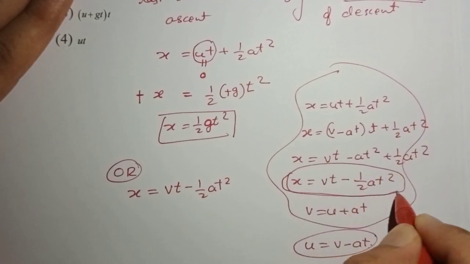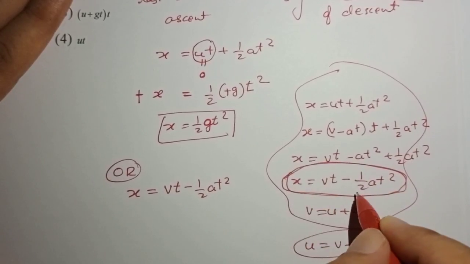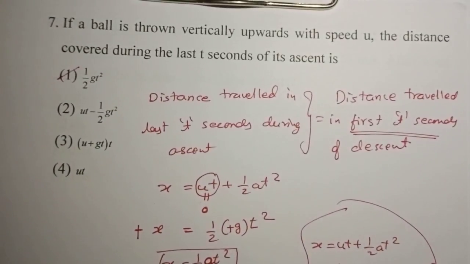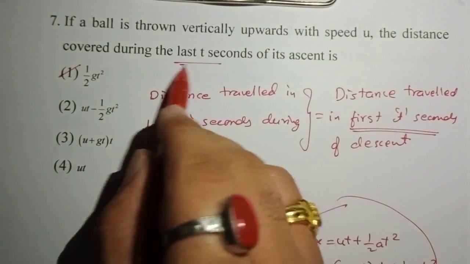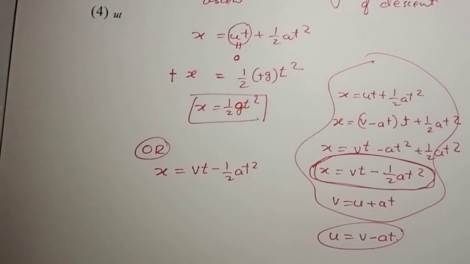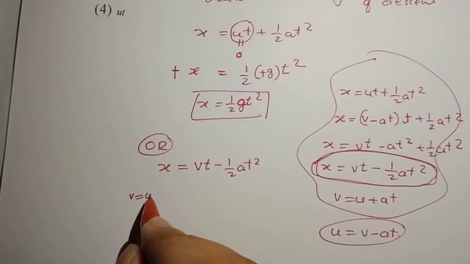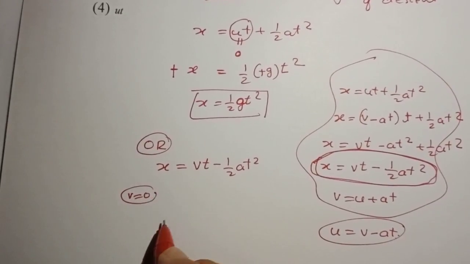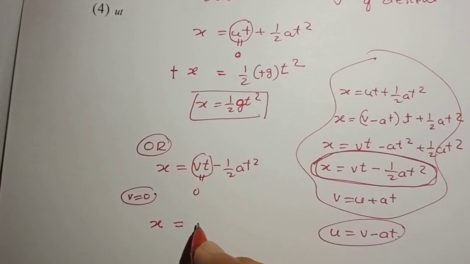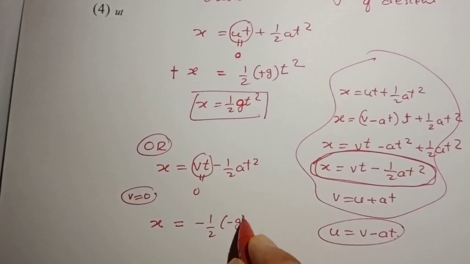So if the final velocity is known, you can use this equation. Here we are asked for the distance covered during the last t seconds, which means at the end of the t seconds the velocity is 0. So x is equal to vt, which is 0 since v is 0, minus half into minus g t square.